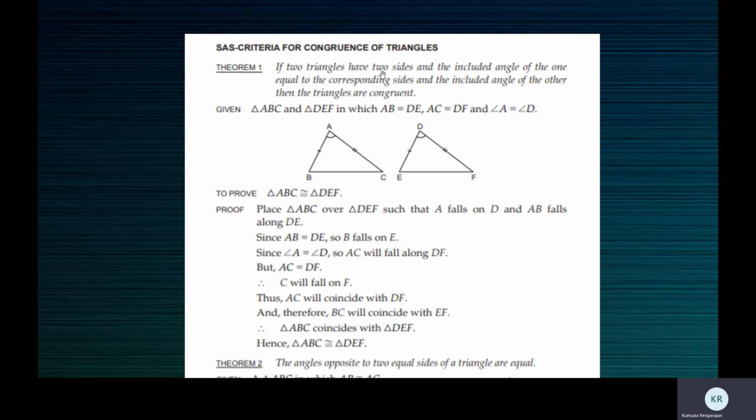This is often referred to as the SAS axiom because it does not have a proof in the real sense. This is an activity or an experiment. By way of this activity, we realize that the two triangles coincide and hence they are congruent to each other.